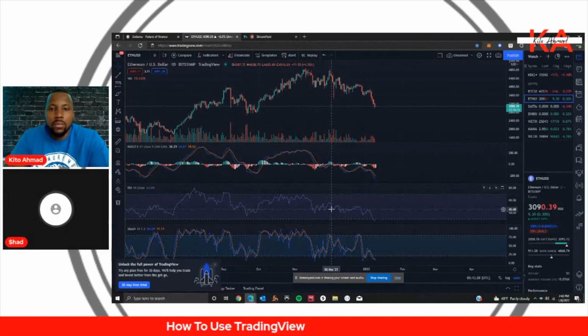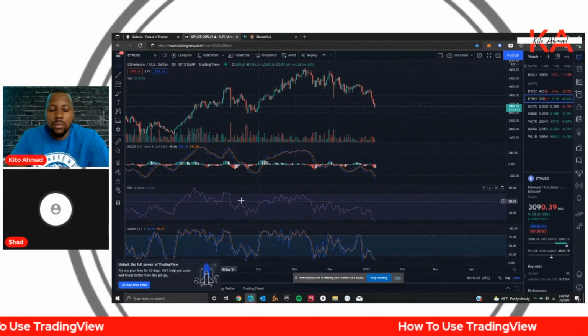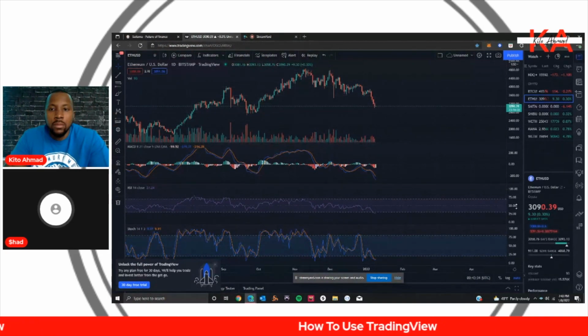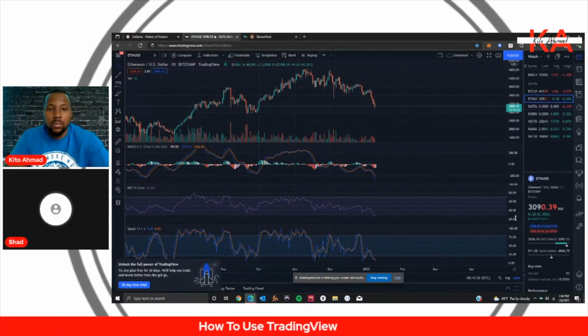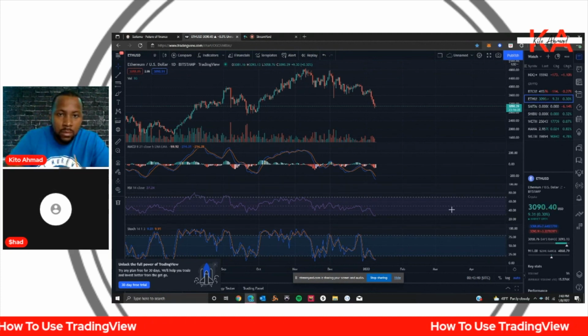If we move down to this next area, this is your relative strength index. This is based on a scale typically between 0, which would be down here, to 100.